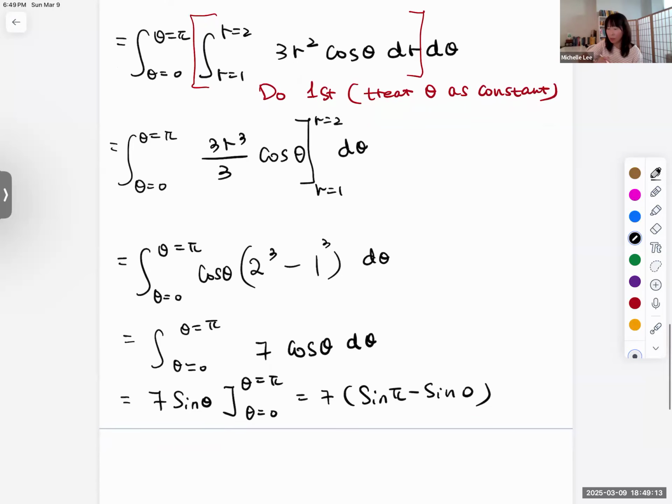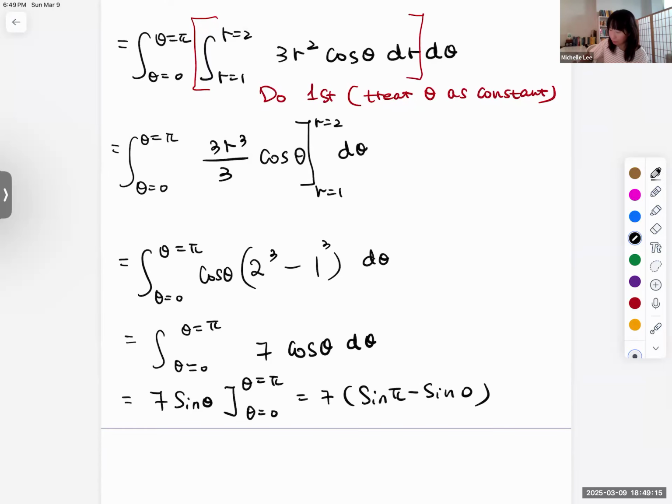Yeah, it's 0. 7 times 0, which is 0, right? Okay, so in that case, we get 0 because cosine is an even function. Even function is like symmetric about the y-axis. Yeah. So we get the volume equal to 0.